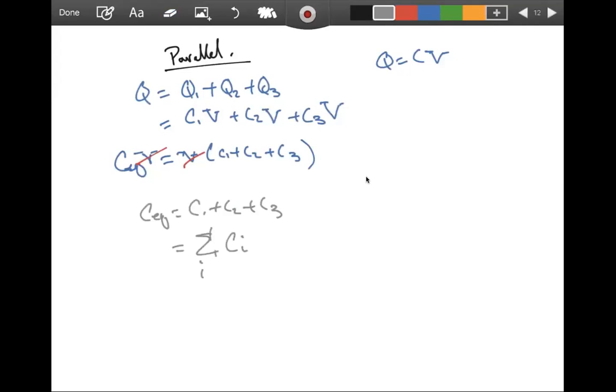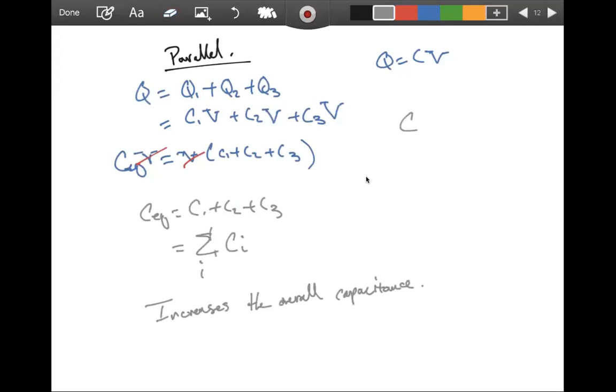What this is saying is that adding them in parallel increases the capacitance. So if I wanted a capacitance greater than any of the capacitors that I have, I need to add them in parallel to increase the overall capacitance.